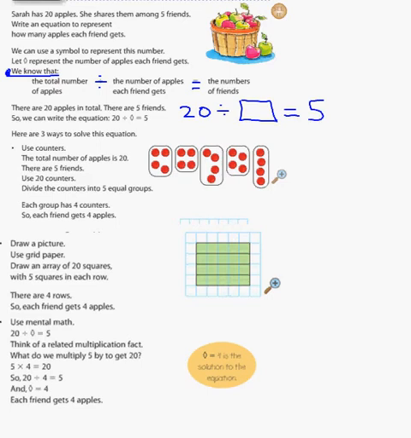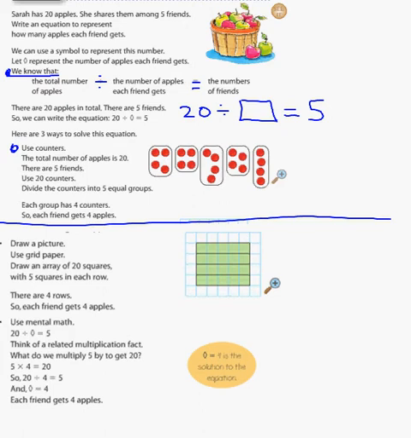Here are 3 different ways to solve the equation. We're going to look at this way here. We're going to use counters. So the total number of apples is 20, so you should draw 20 counters. There are 5 friends, so you should divide them into 5 equal groups.